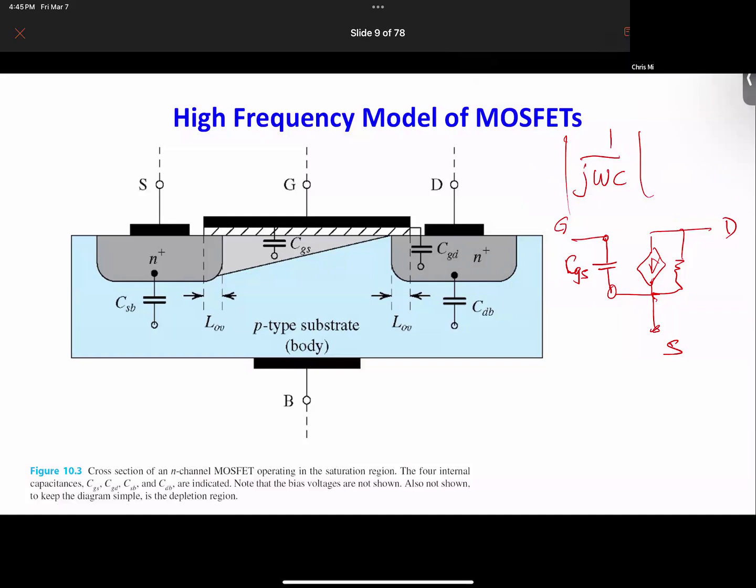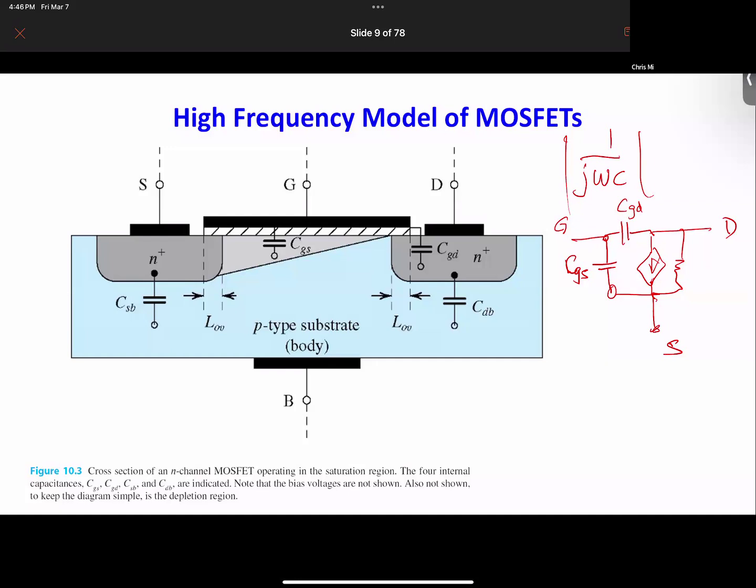So we'll put CGS over here. And then we have CGD. CGD means it's the capacitor between gate and drain. Where's our gate? Our gate here, our drain here. So we put gate and drain. Now, these two are fairly easy to put. And actually, these two capacitors are the ones that we are most concerned with.